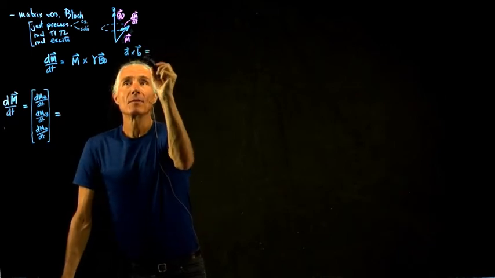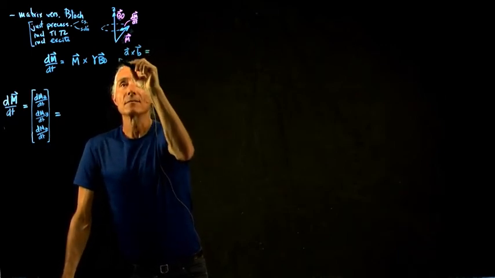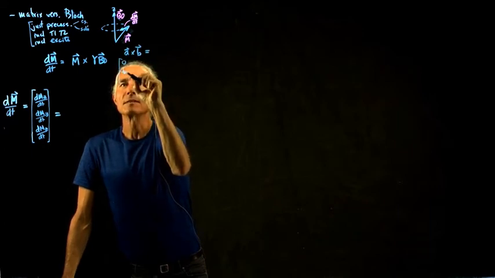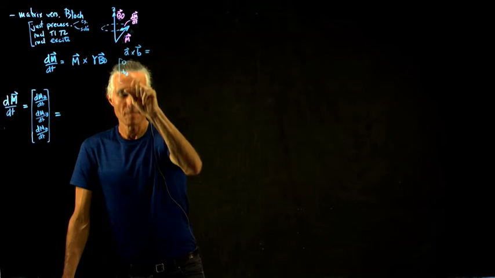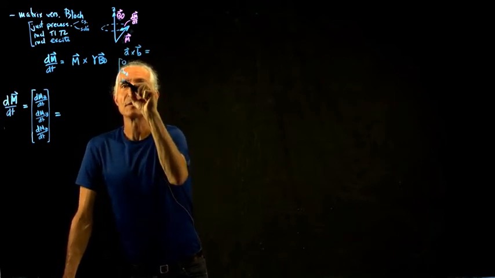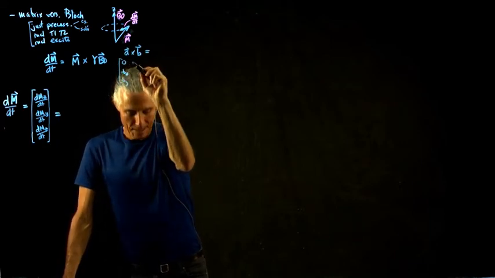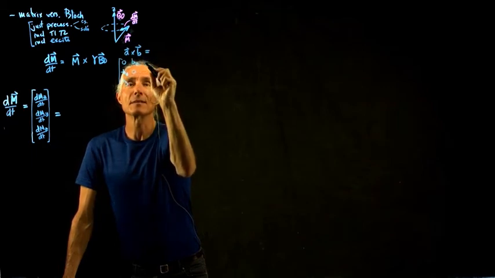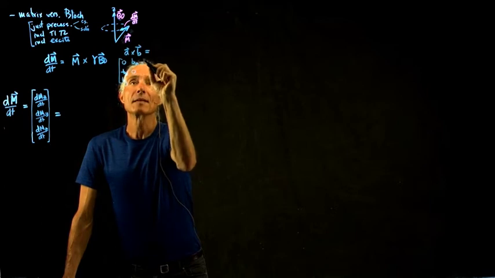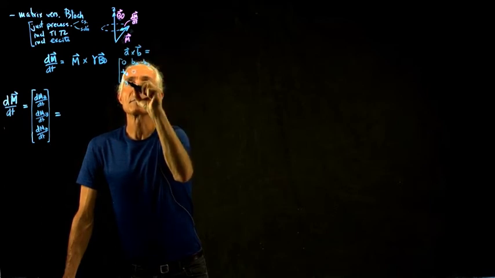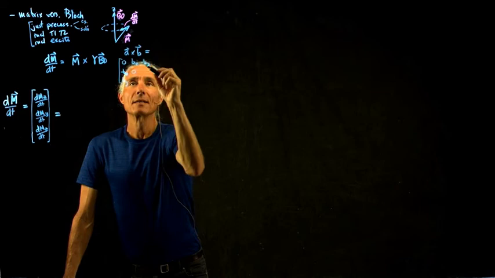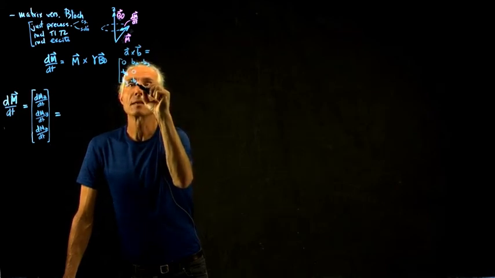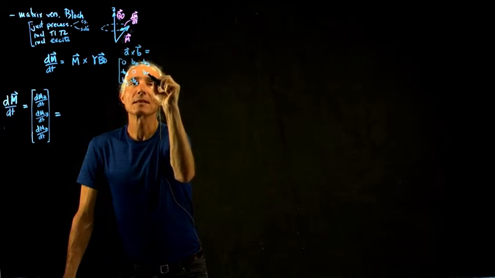And what it looked like was this strange matrix: 0, minus Bz, By, and then Bz, a 0 down the diagonal, and then a minus Bx, which is the opposite of this, and then finally a minus By, a Bx, and a 0.